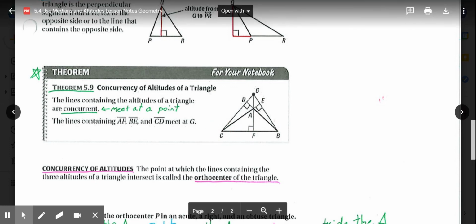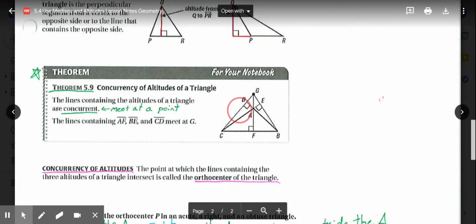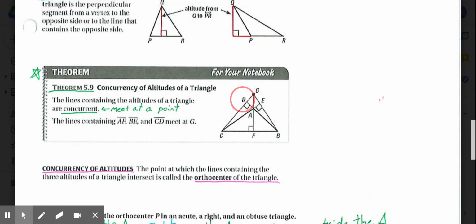Our altitudes would be from A to F. Then the altitude for C to the opposite side, we'd have to extend the line that BA is on. So our altitude would be CD.